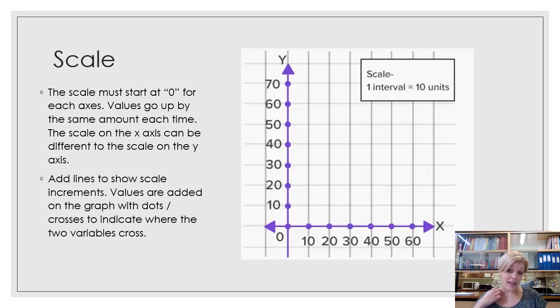Scale is where a lot of kids struggle, because they look at the table and then they think, oh, I must put exactly what's on the table on the scale. It doesn't work like that, guys. We need equal increments. So for example, look at that picture that we've got here.